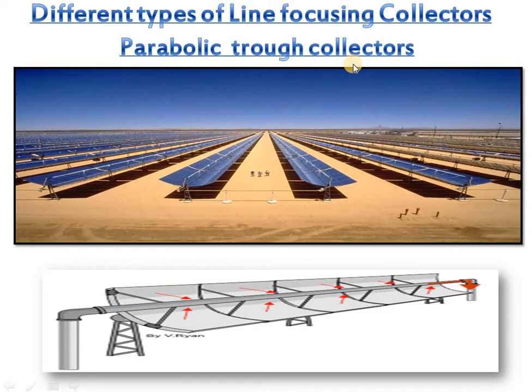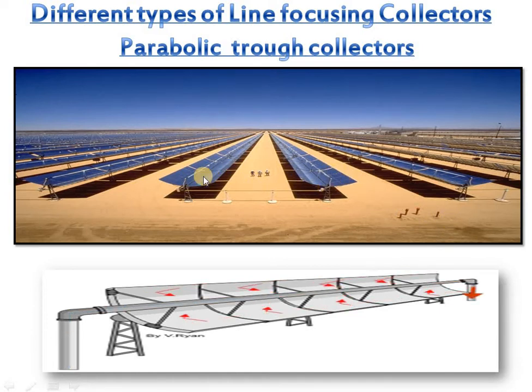Parabolic trough collector you have already seen, so that is what is shown here. You can see a large array of parabolic reflectors. This is a real photograph of systems operating near many thermal power plants or solar based power plants. You can see small human beings here.